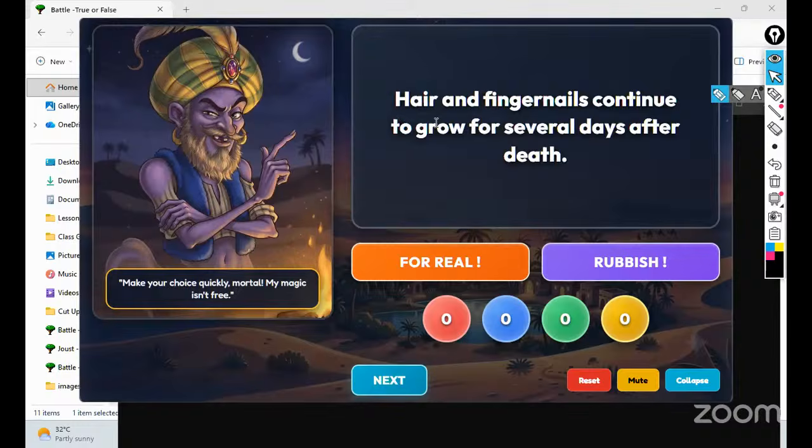True or false? Hair and fingernails continue to grow for several days after death. All right, 10 more seconds.